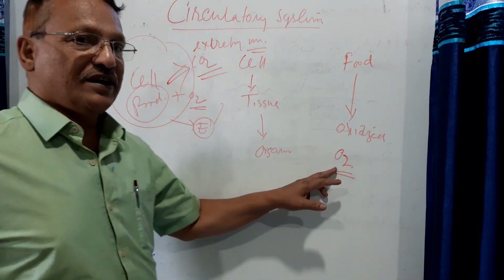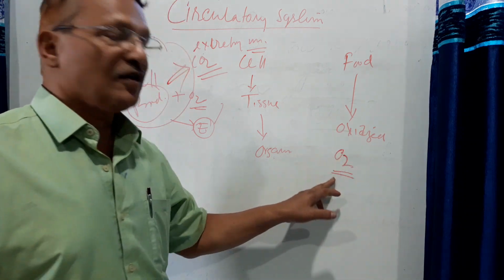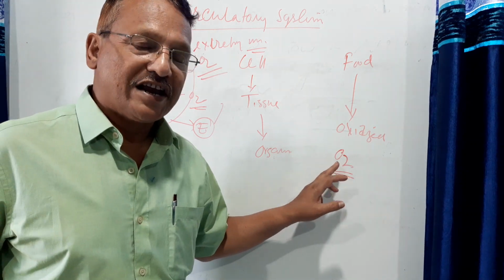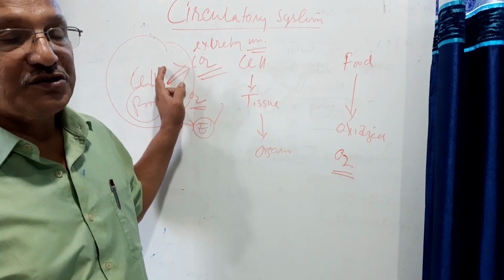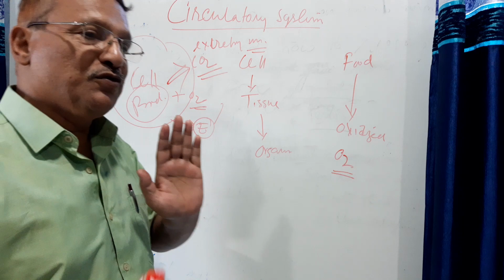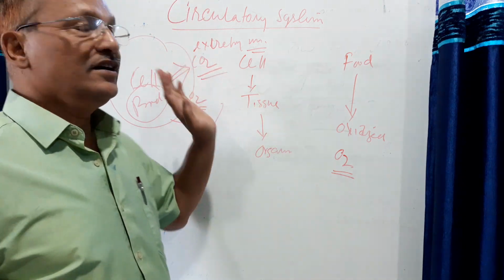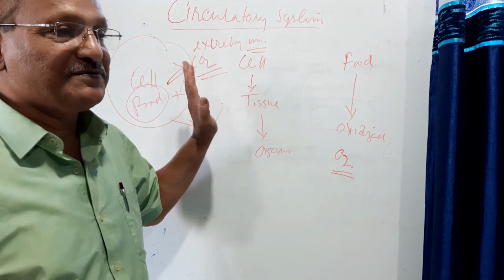So this oxygen is taken from the outer environment and transported to the tissue or the cell. Inside the cell, when food is oxidized, carbon dioxide and other excretory materials are also produced. These must be expelled.